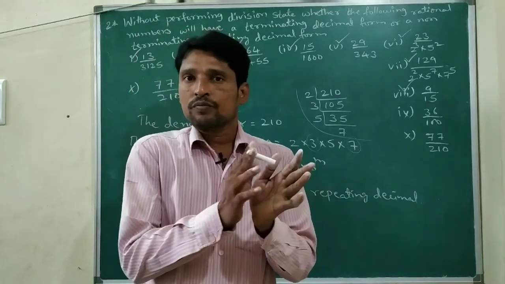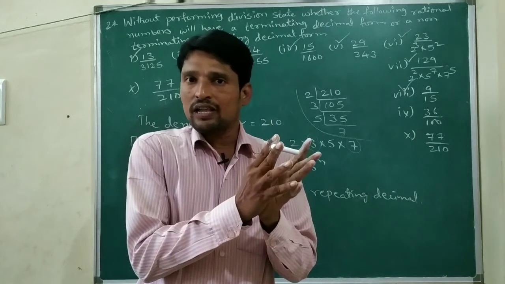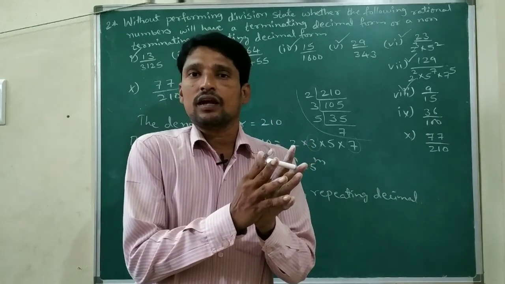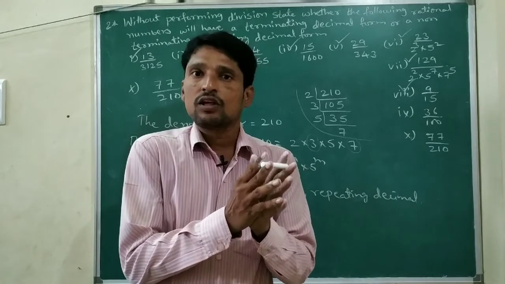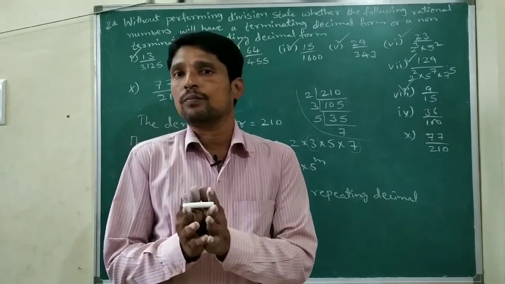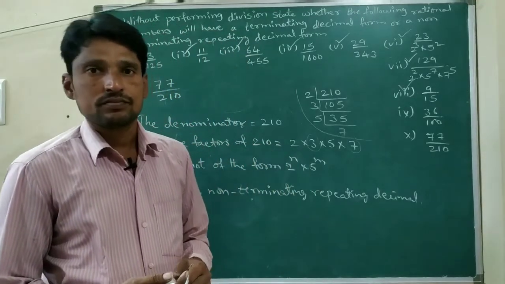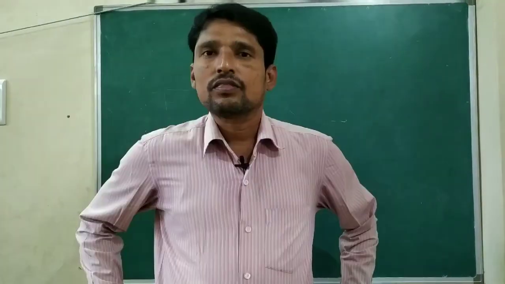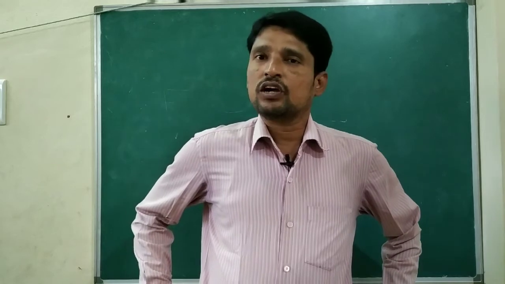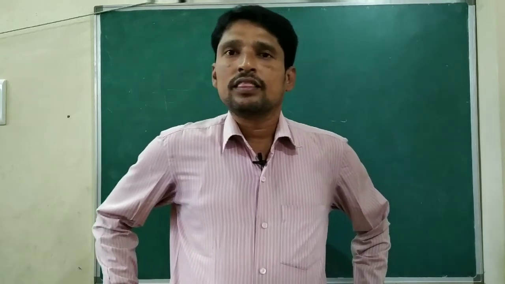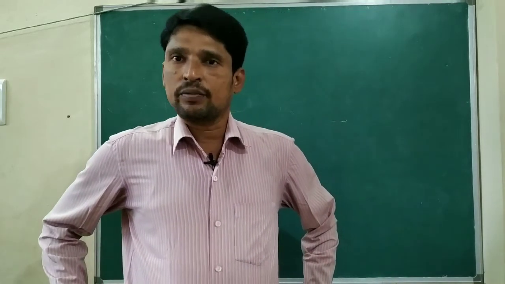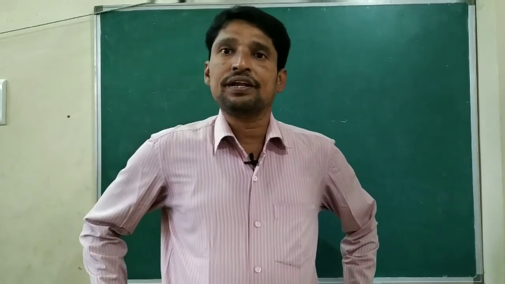Only if the prime factors are 2 power n into 5 power m is it terminating, otherwise non-terminating. We have seen, without performing the actual division, whether the given rational numbers are terminating or non-terminating repeating decimals.